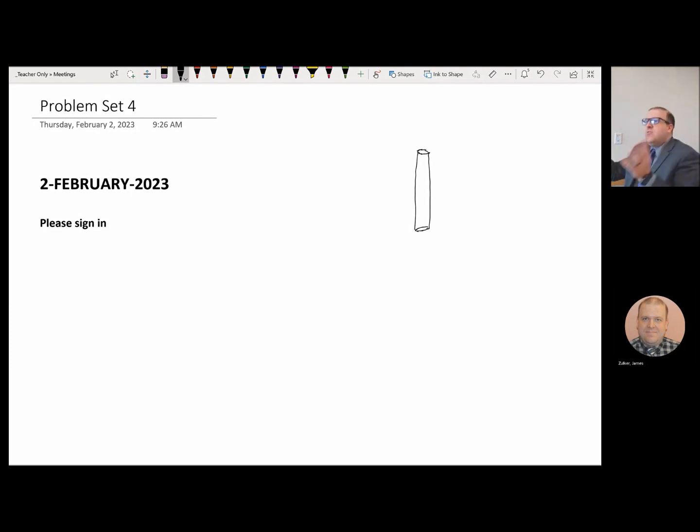Something like that, or rotated to be along the y-axis or the x-axis. It's not the only type of cylinder. Cylinder has a specific definition. I actually don't remember what it is off the top of my head.